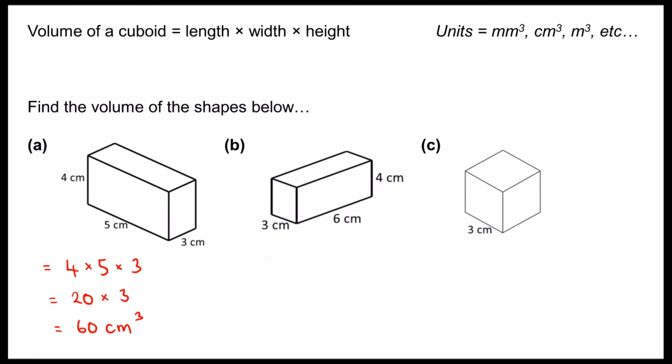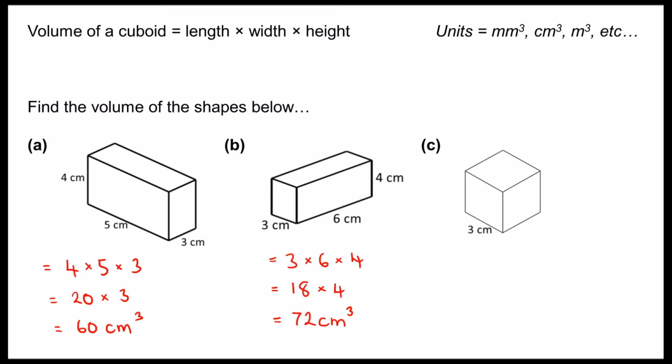For example B, I'm going to need to work out 3 times 6 times 4. I know that 3 times 6 is 18, and I want to times that answer by 4. 18 times 4 is 72, and because my units are in centimetres, I can say that the volume is 72 centimetres cubed.